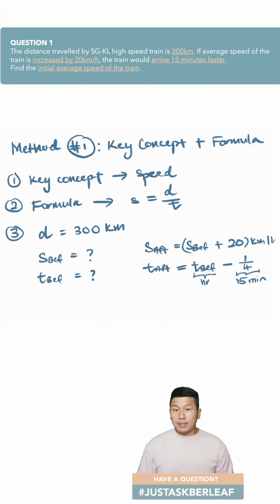Okay, so the formula itself is a good starting point for us to identify the connecting factor. Generally, the connecting factor can be any of these components within the formula. It can be the distance, the speed, the time.